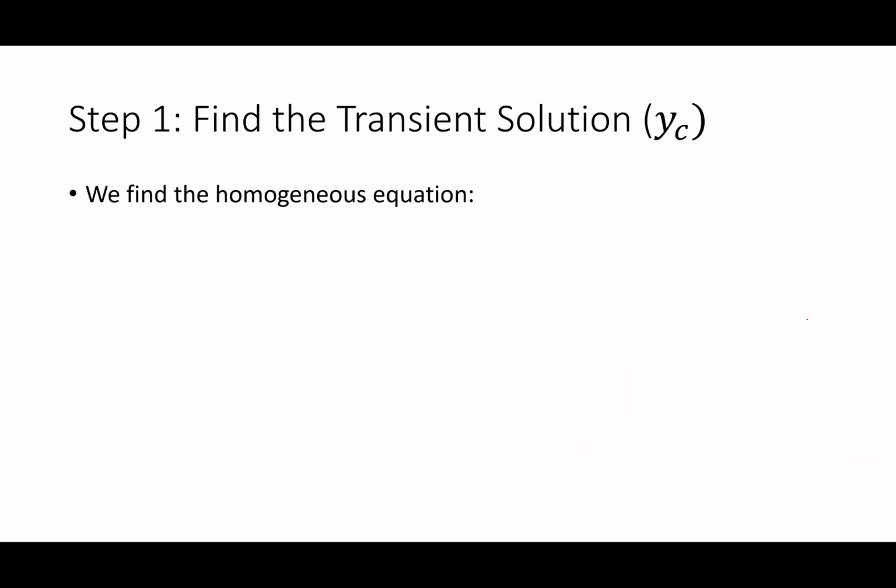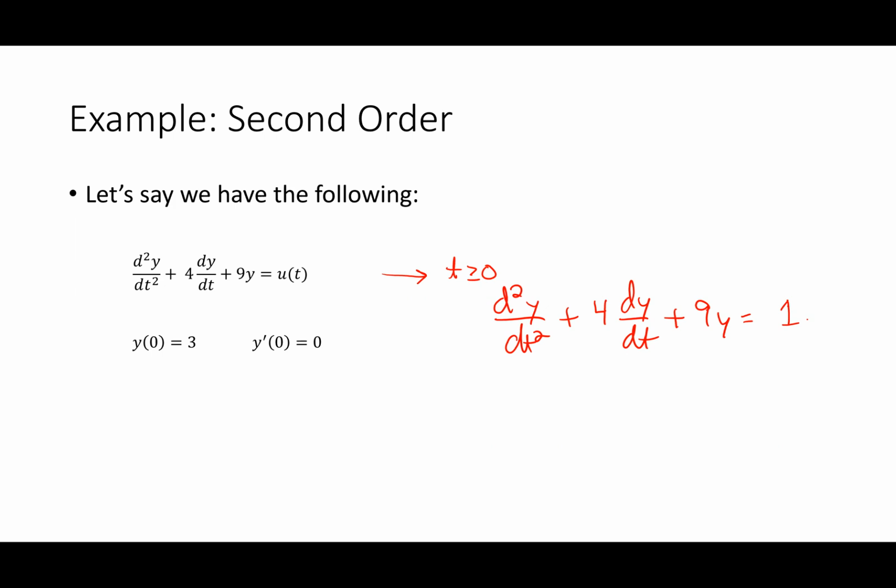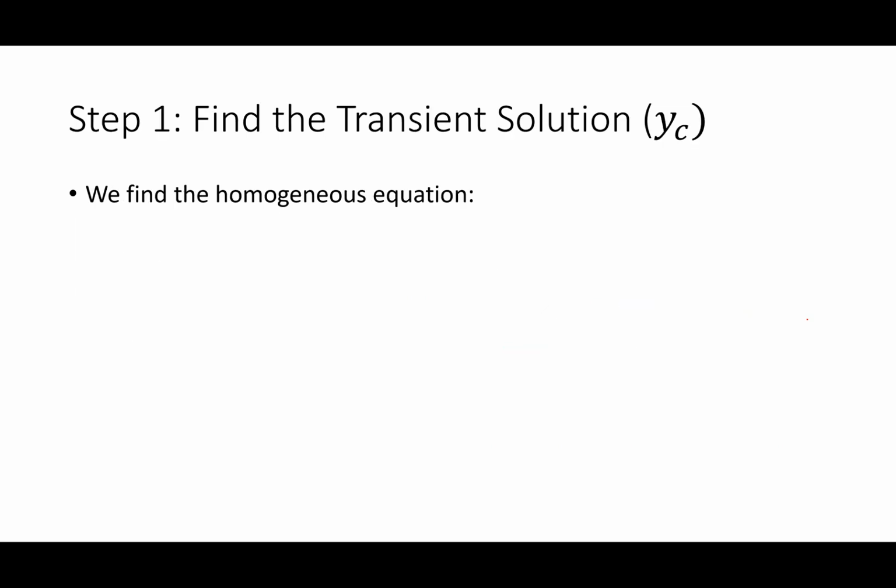So from this, I get the homogeneous equation, which is to say, set the differential equation equal to 0, but I end up with s squared plus 4s plus 9 equals 0, okay? Now, if I want to solve for this, the way I try to do this is I use this roots function in MATLAB.